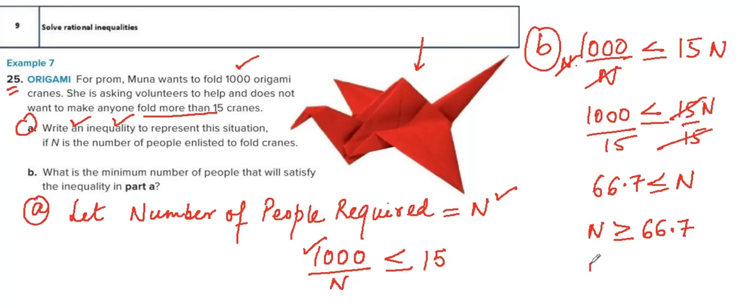You can round off because people cannot be in decimals, so you can write 67. So we need either 67 people or more. Minimum 67 people are required. So this is how we do this question: n greater than or equal to 67 is your answer.